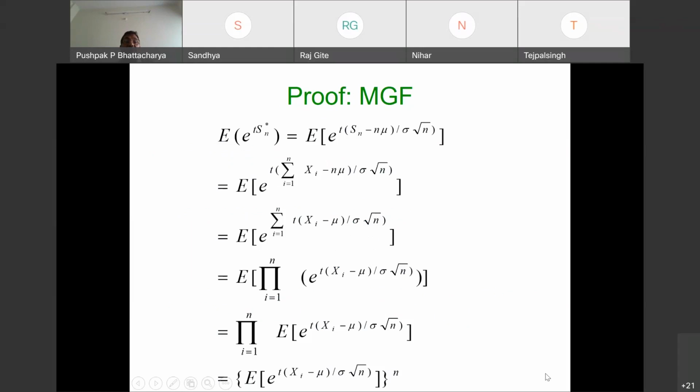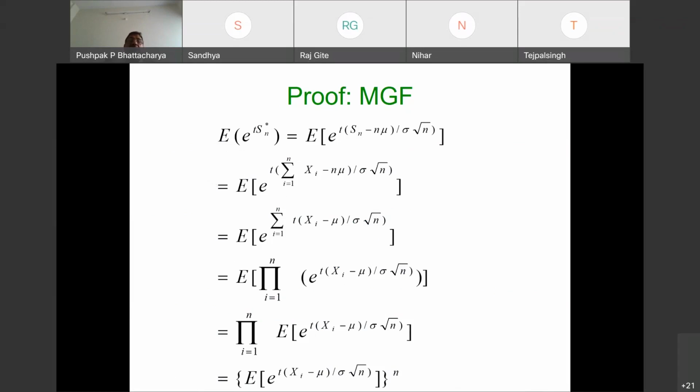So we started with the moment generating function form, which is the proof. You have to take the expectation of e to the power t Sn star. Now, moment generating function is defined as e to the power t into that random variable and expectation thereof.